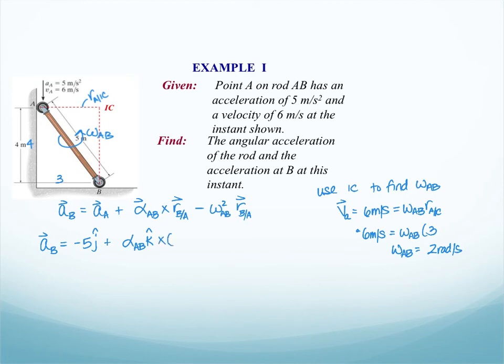The position of B relative to A is 3 over in the x direction and 4 down in the y direction. And then omega AB is 2 squared, and again times 3i minus 4j. So this is the expression I get for the acceleration of B.